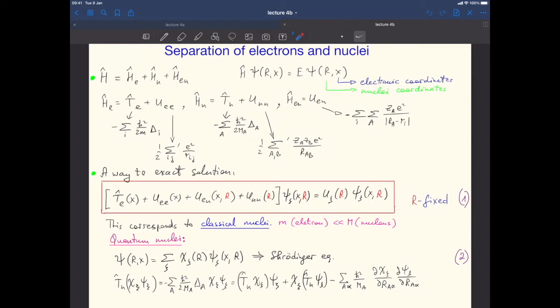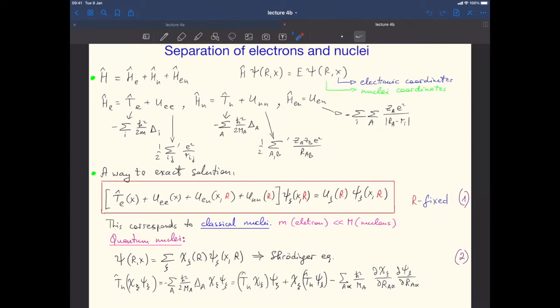In this equation, I write the Hamiltonian of the electrons, kinetic energy, and the electron-electron interaction. I also write in the Hamiltonian the electron-nuclear interaction and nuclear-nuclear interaction. So basically, I add all the terms from our original Hamiltonian, apart from the kinetic energy of the nuclei. This is the only term which I left out.